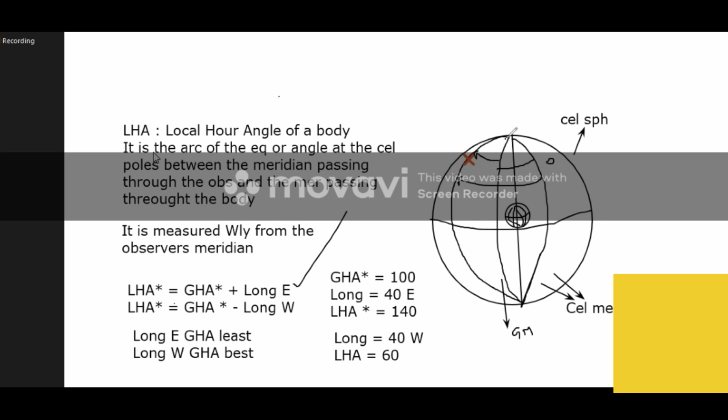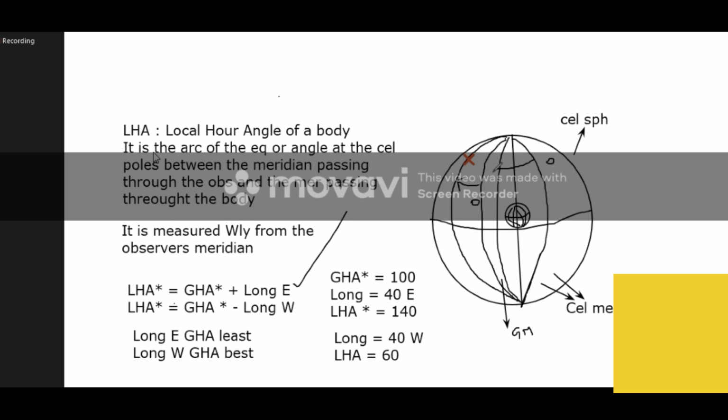Now let us assume observer is to the west. Let us erase this one just to make some place. And say observer उधर नहीं है, observer इधर है. ये है observer. Then LHA हो गया ये वाला.